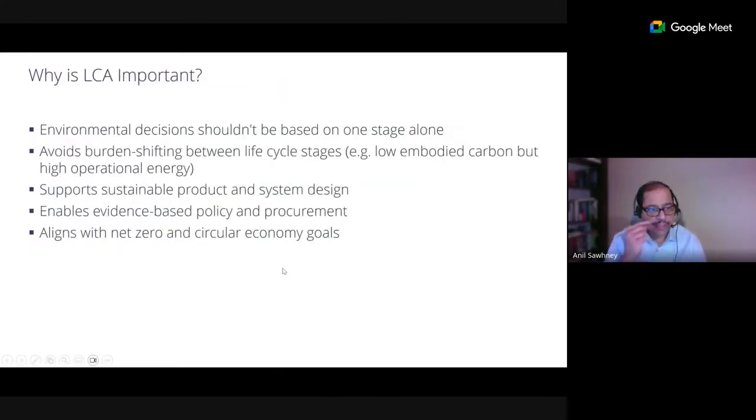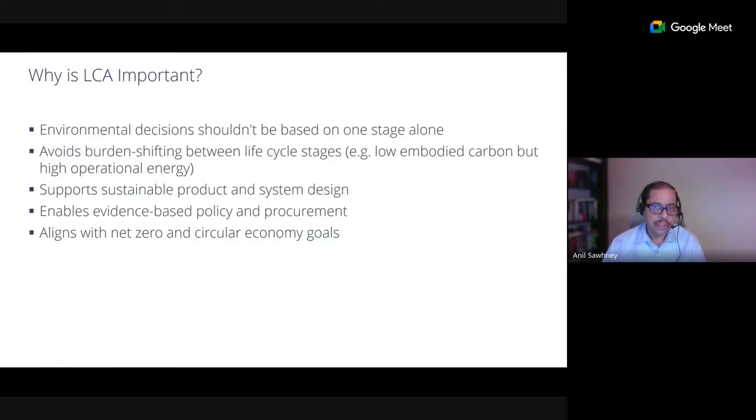So why is LCA important? It is important because it helps us make environmental decisions, and these decisions should not be based on one stage of the product only. Like in construction, right now, most of the decisions we make for the upfront construction process are separate, and then when the asset is being used, we make decisions separately.